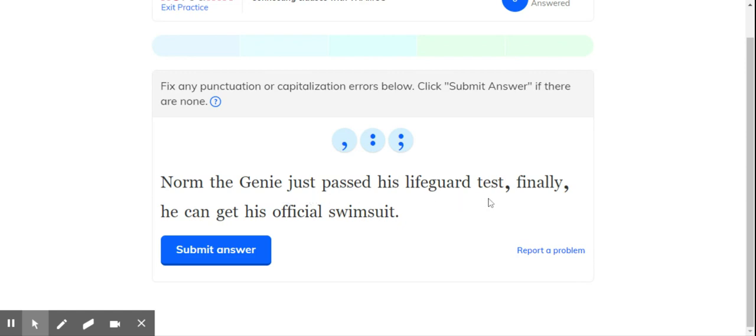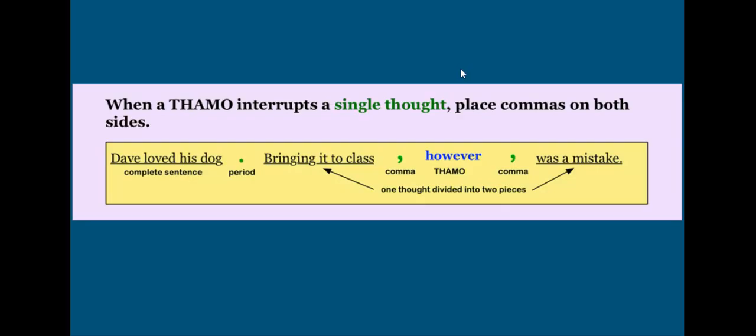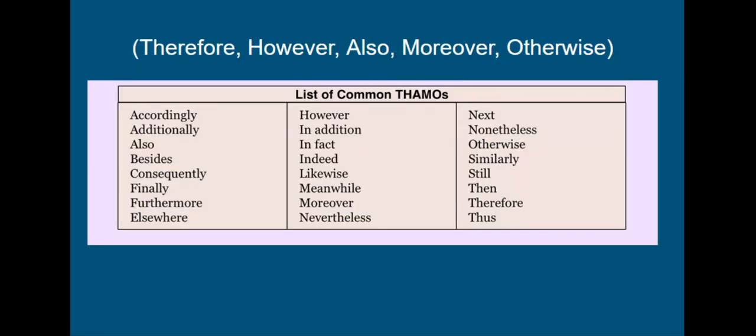So now I know Norm the genie just passed his lifeguard test is one complete sentence. I also know he can get his official swimsuit is one complete sentence. Both have a subject, both have a verb, both are complete. Finally is our THAMO. Now, if we go back to our notes, we see finally is a THAMO.